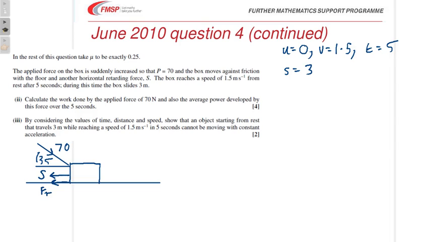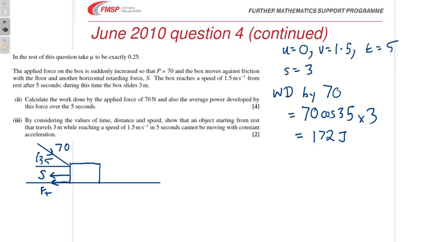Okay, the work done by the applied force of 70 will be, by definition of the work done by a force, F cos theta times d. So it's 70 cos 35, the component of force in the direction of motion, times the distance it's moved, which is 3. And that comes to 172 joules.